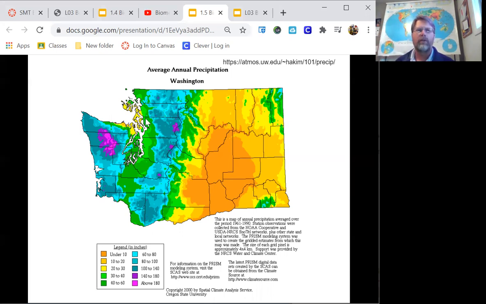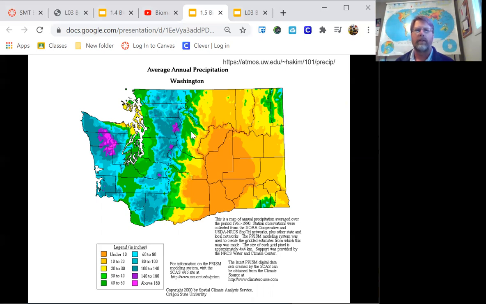We see that in the very northern tip of the Olympic Peninsula, about Port Angeles, Port Townsend, and Sequim. That is a rain shadow on the opposite side of the rainforest.